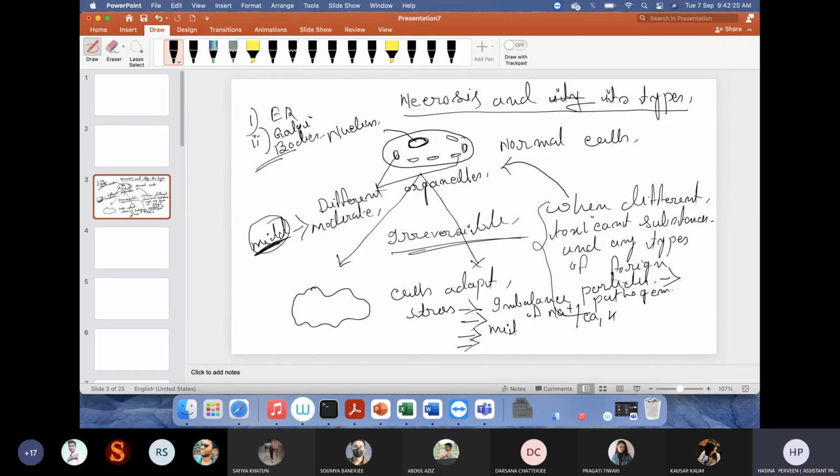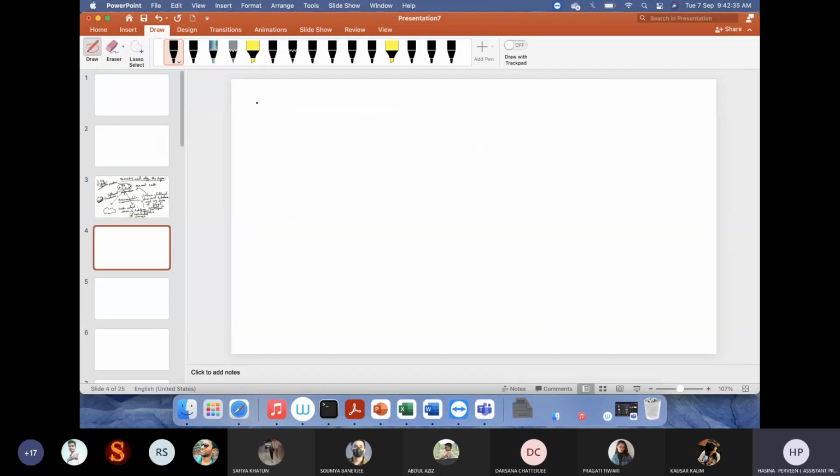These are all our cell injury causes and different pathogenesis mechanisms. Another is free radical generation, this is ROS generation.